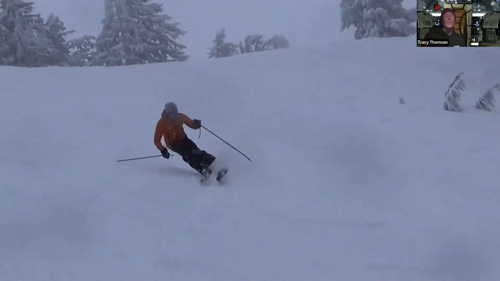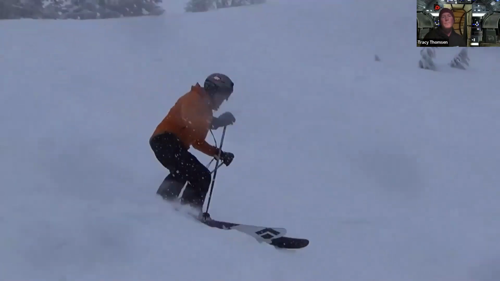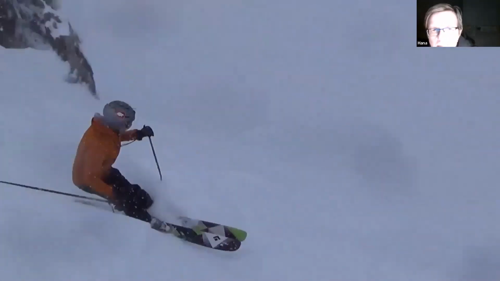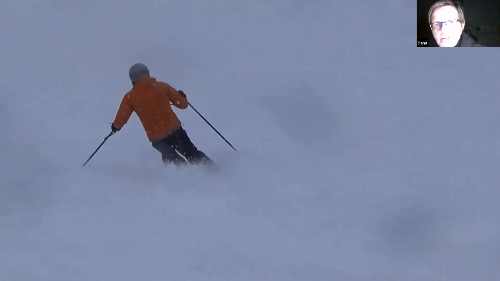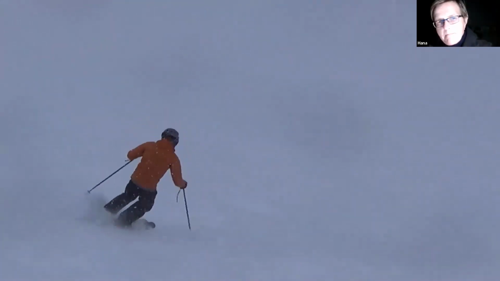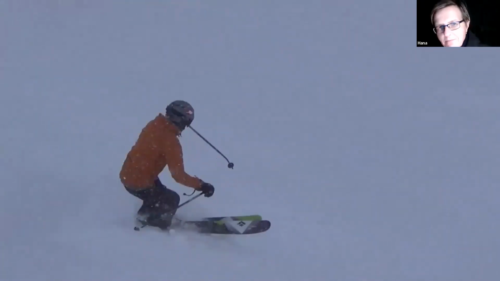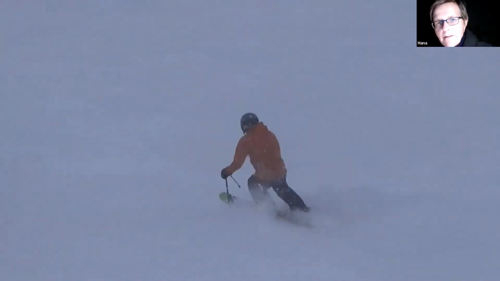So you spoke of the ankle. Tell me about the knee joint, if we're wanting to move this. The knee joints need to be really engaged, and in the conditions he's skiing, which we described as pretty rough, I think you need to be flexible.